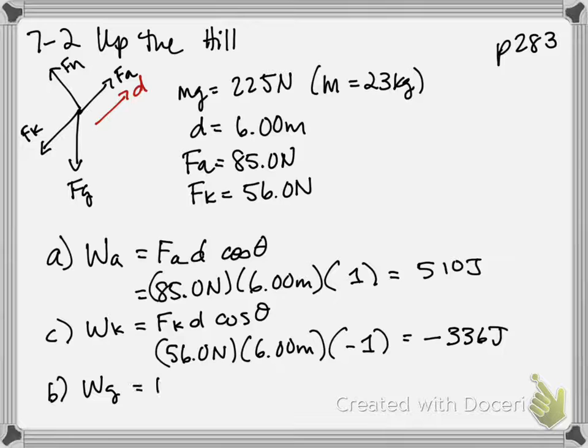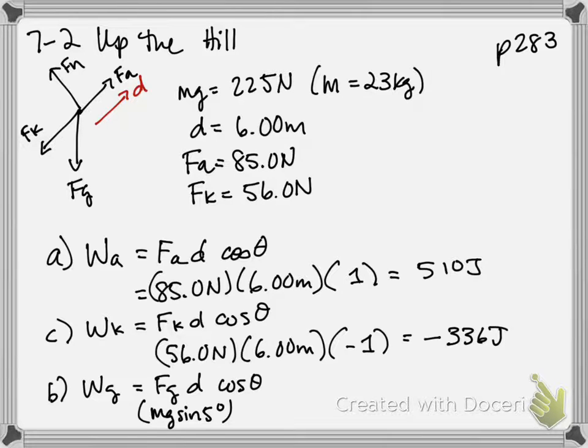Now let's deal with gravity. That's the force due to gravity times the displacement times the cosine of theta. Now, this is the tricky part, but if you do this right, remember that the force due to gravity along the ramp is just mg sine theta. But instead of getting confused with the theta in the work equation, let's just do sine 5 degrees, just like that, and not even put the angle in there.